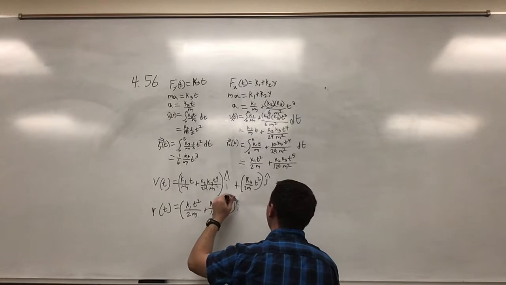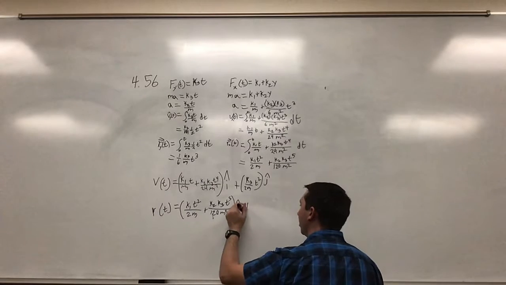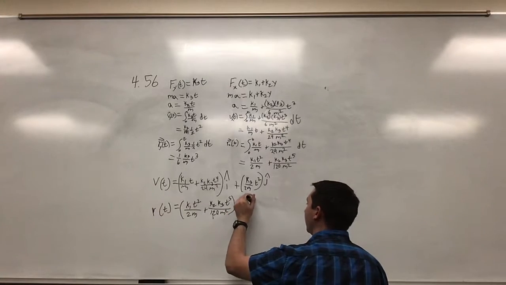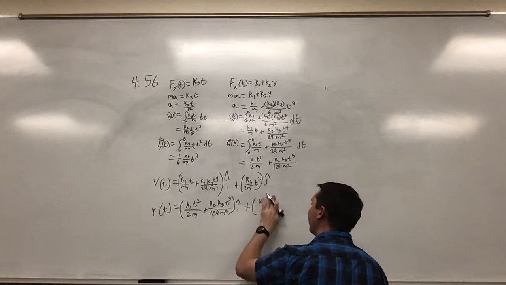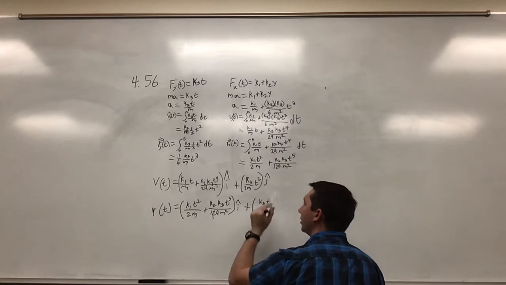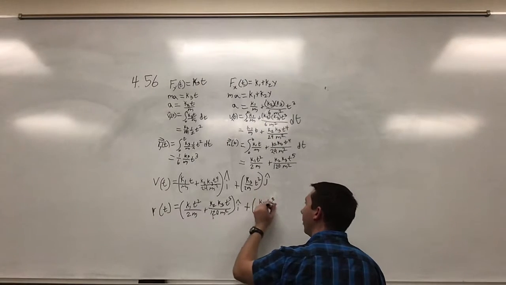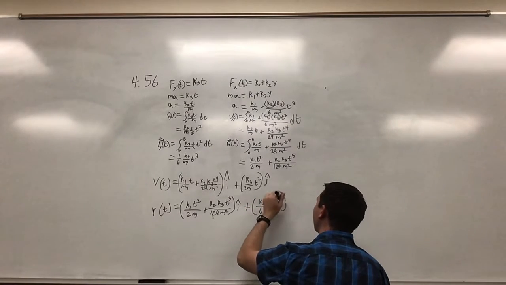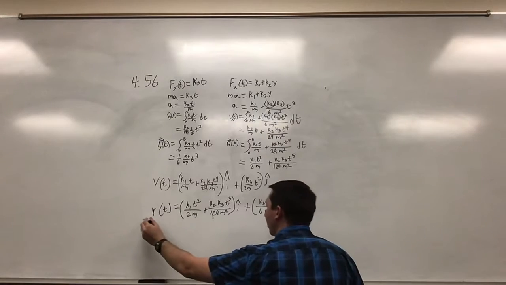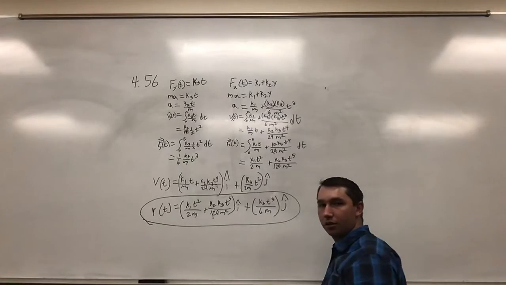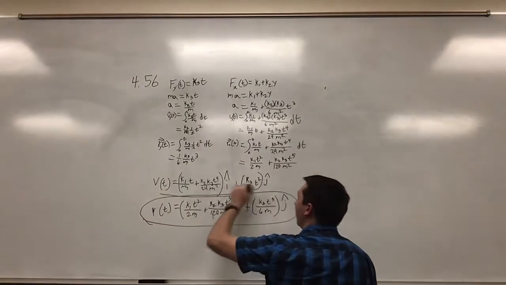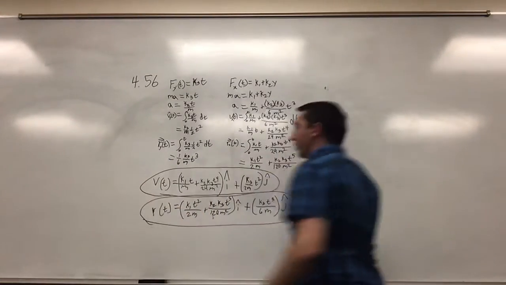That's going to be our i component for the position, plus the y component of the position, k3 times t to the third over 6m, and that is our y component. So that's our position vector representation and our velocity representation.